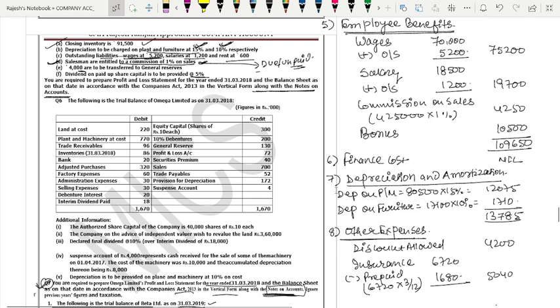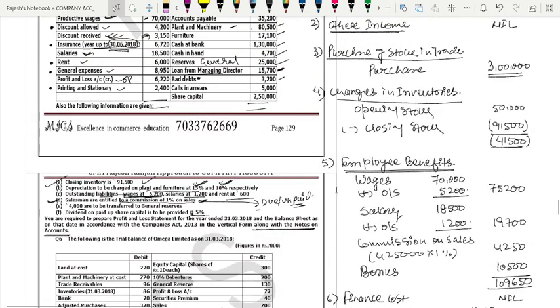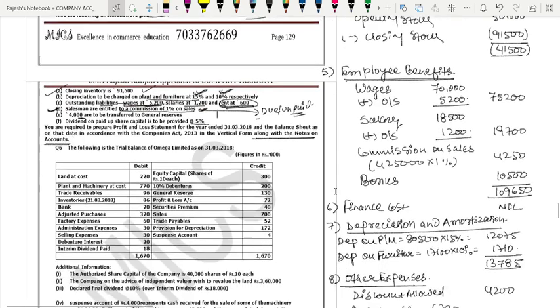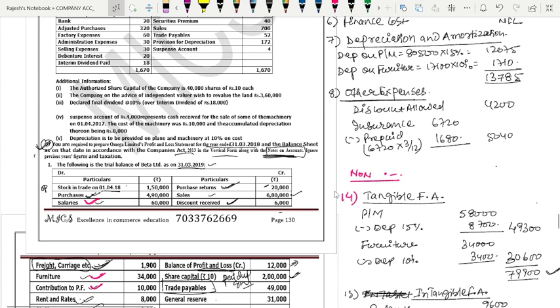Other expenses also. Then after this advertisement, now what are the expenses? Rent 6,000 and there is an outstanding rent 600. Rent is 6,000 plus 600, 6,600. General expenses 8,950. Printing and stationery 2,400. Now you have to prepare the other expenses completely.